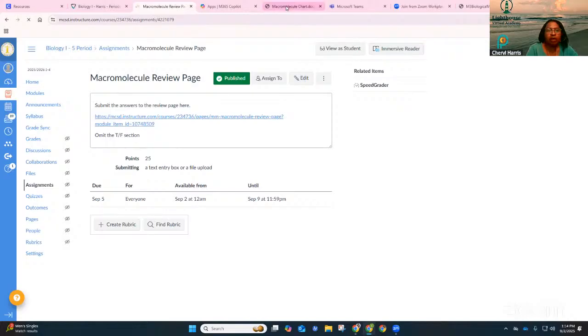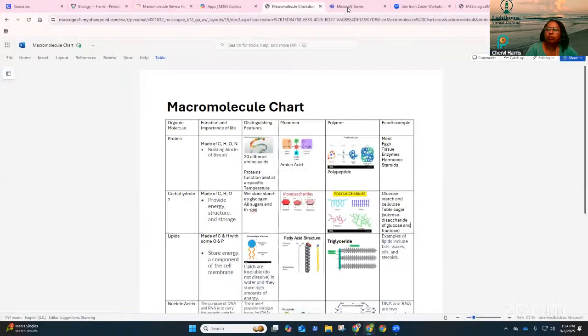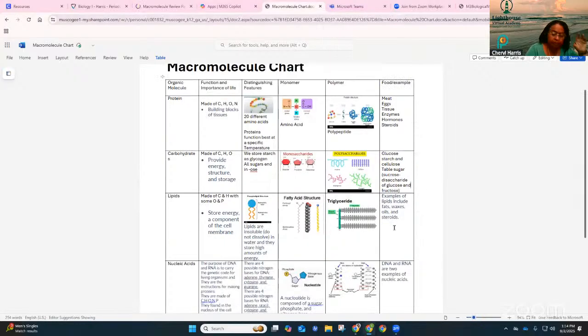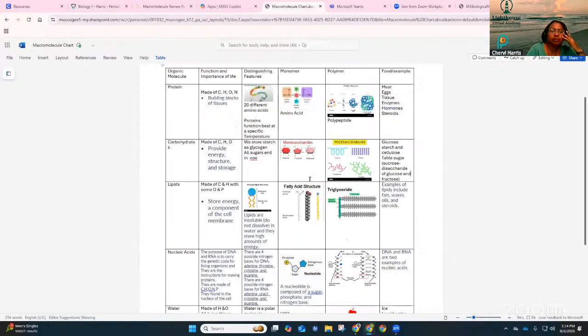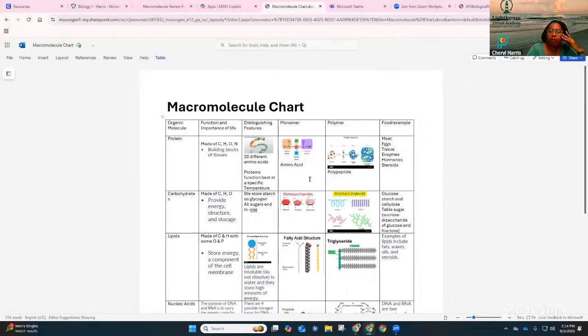Any question about any of the other ones that you might be struggling with answering? You can use the chart on the test. Under protein, let's see. I'm going to add this to the chart.